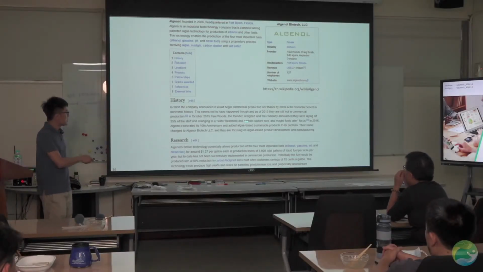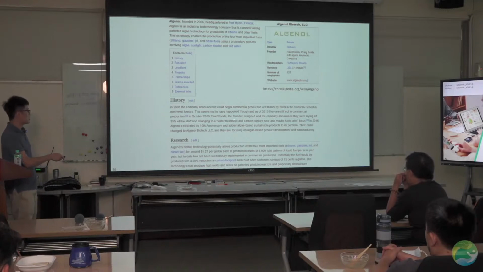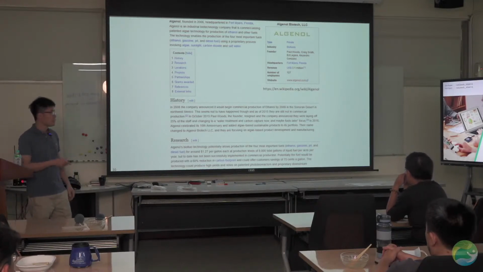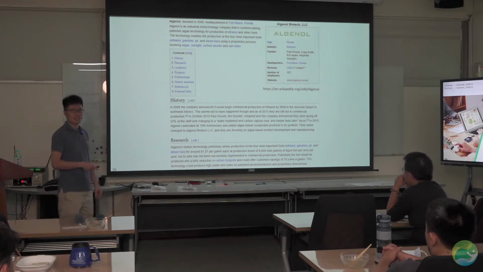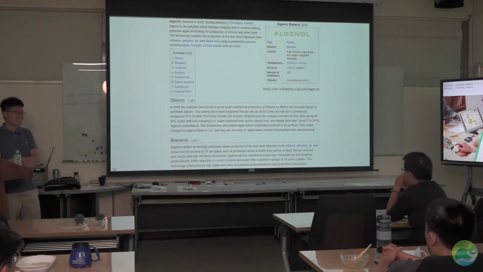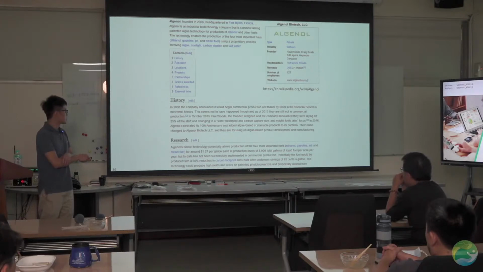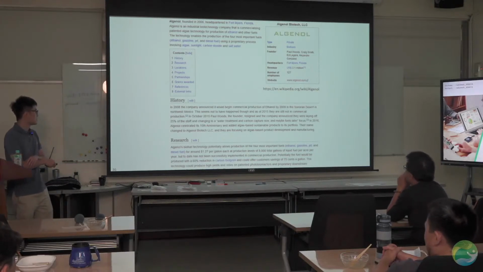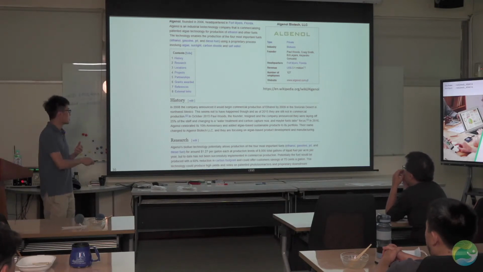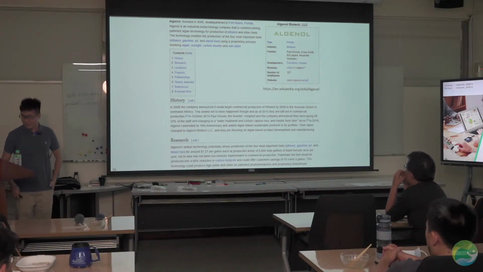After that, they changed their goal. They cut 25% of their staff and changed their goal to water treatment and carbon capture, and maybe fuels later. In another year, 2016, their 10-year anniversary, they added algae-based sustainable products to their portfolio. So they basically changed their goal from producing bioethanol to algae-based sustainable products. And why?